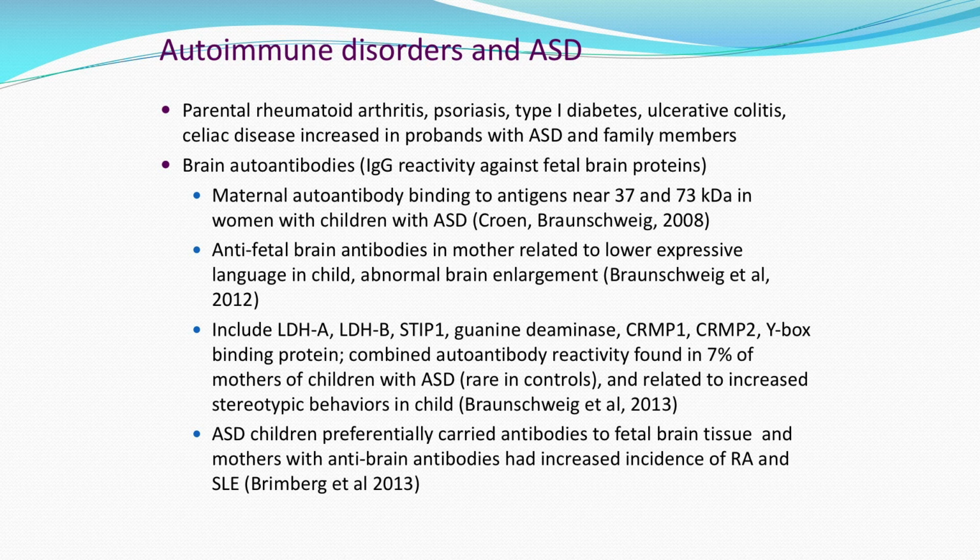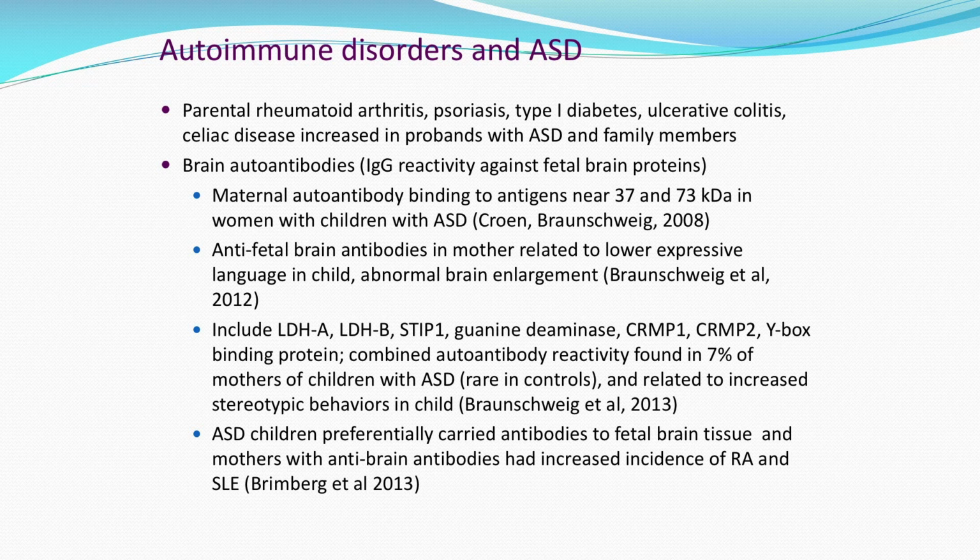The anti-fetal brain antibodies in the mother are related to lower expressive language in the child, abnormal brain enlargement, and then a variety of autoantibodies to these markers, which Judy has been studying extensively, found in a paper published in 2013 in 7% of mothers of children with ASD, but very rare in controls. I find this to be very convincing evidence of a role of autoantibodies in autism.